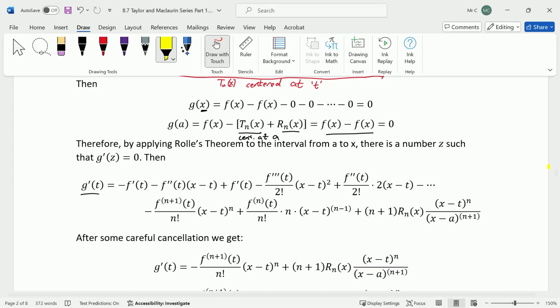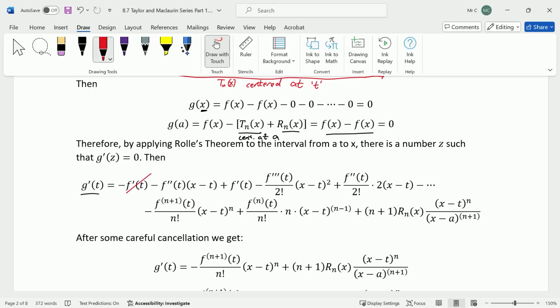And so I'm not going to go through every one of those individually, but this expression here is what we get when we take all of those product rule derivatives. So negative f prime of t minus f double prime of t times x minus t plus f prime of t minus f triple prime of t over 2 factorial, yada, yada, yada. So you get this expansion for the derivative, and then you get a bunch of stuff that cancels.